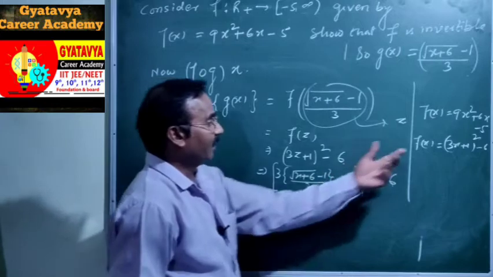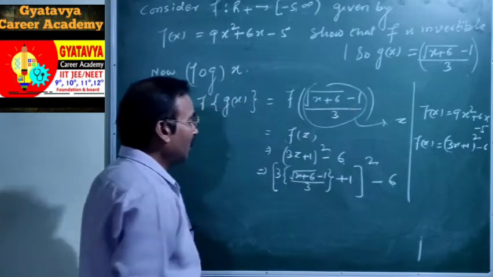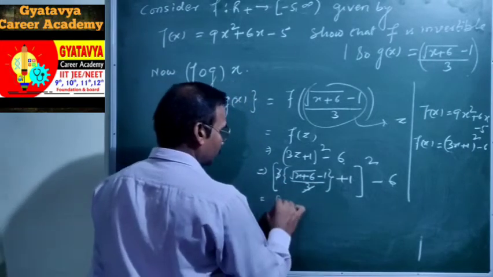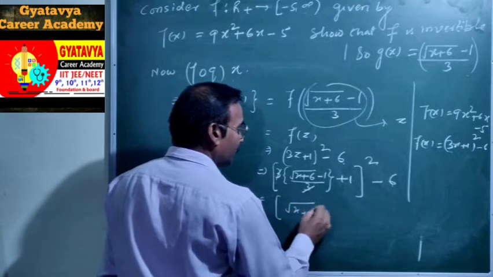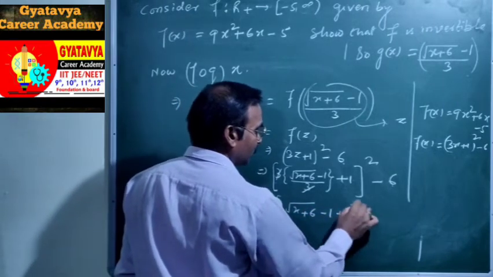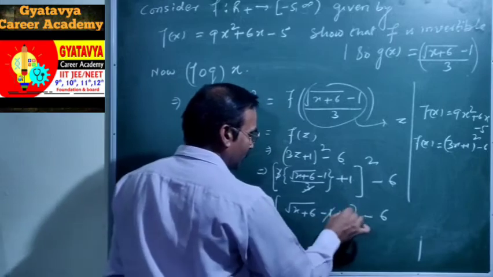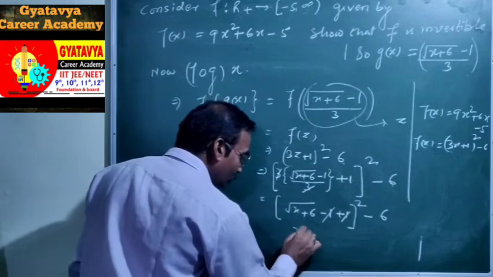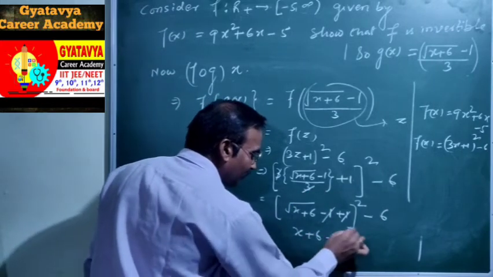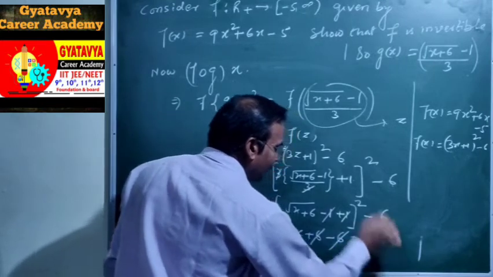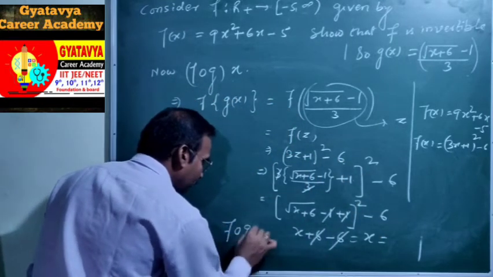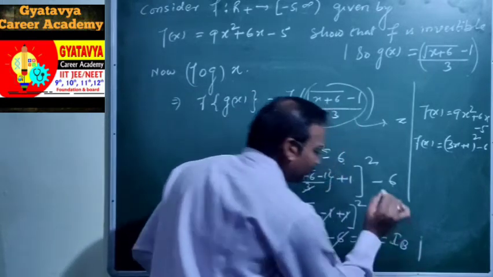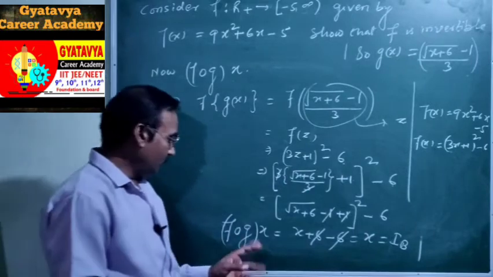Now cut 3 by 3. Now root of x plus 6 minus 1 plus 1, minus 6. This cancels out, here whole square. Now the root of x plus 6 whole square is equal to x plus 6 minus 6. This cancels out, equal to x. This is the value of fog, so this will be I. Okay, second step.